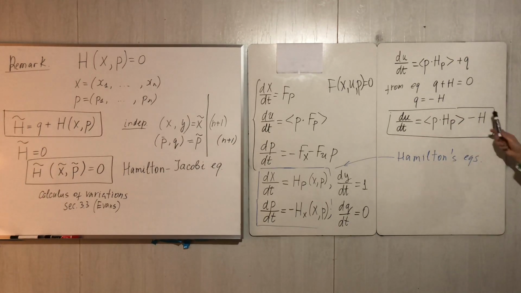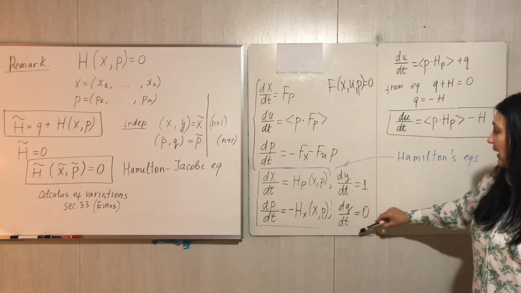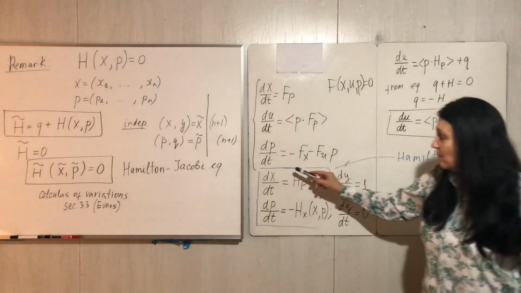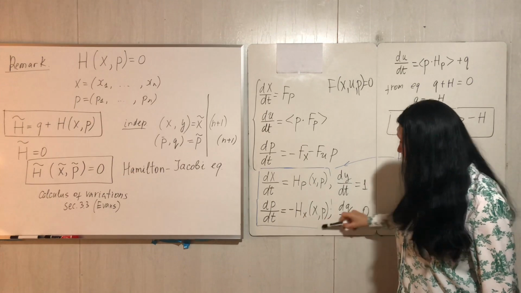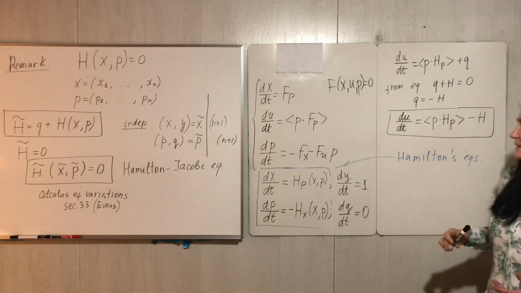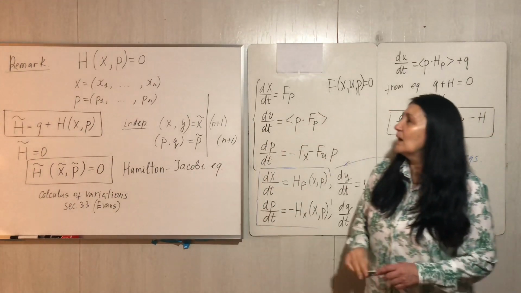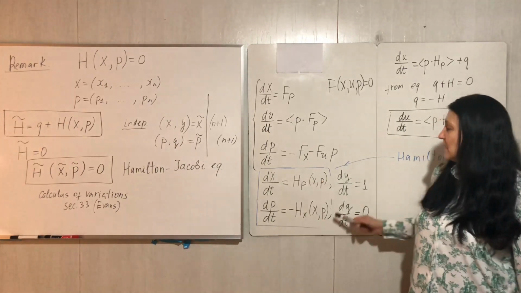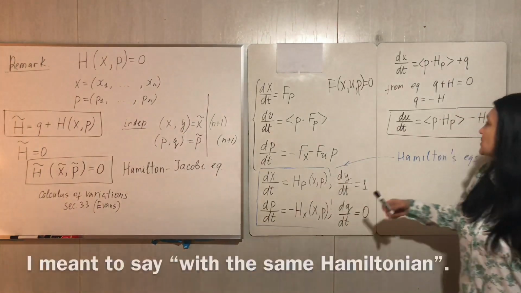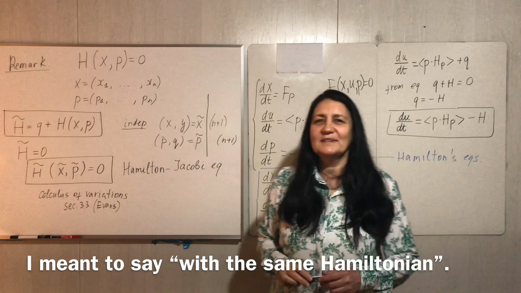And again, you can see that these two equations are simple, right? So we can integrate them separately, but mainly we again have the Hamilton's equations. So this new Hamilton-Jacobi equation is related to the same Hamilton's equations with the same Hamiltonian h. Just we have to specify how to compute here. Thank you.